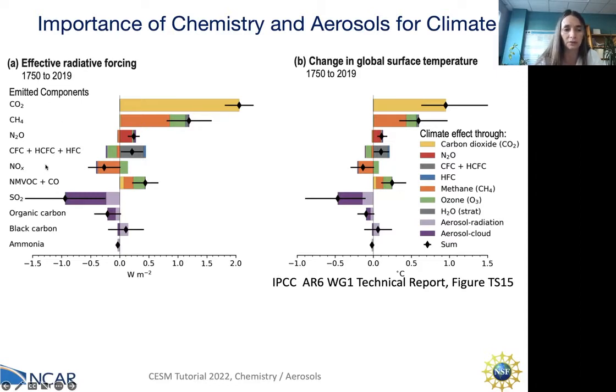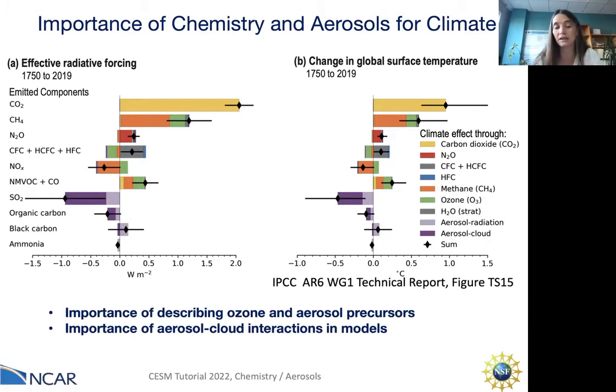In addition, the precursors of aerosols, for instance sulfates, and the aerosols themselves, organic carbon and black carbon, for example, have an important role in the radiative forcing, and especially not only through the direct effect of aerosols, but also the indirect effect, how they impact clouds. So again, prescribing aerosols and aerosol precursors is important, as well as the cloud-aerosol interactions in the models.